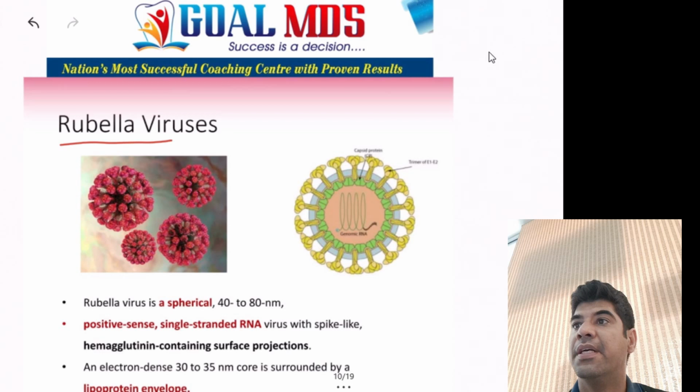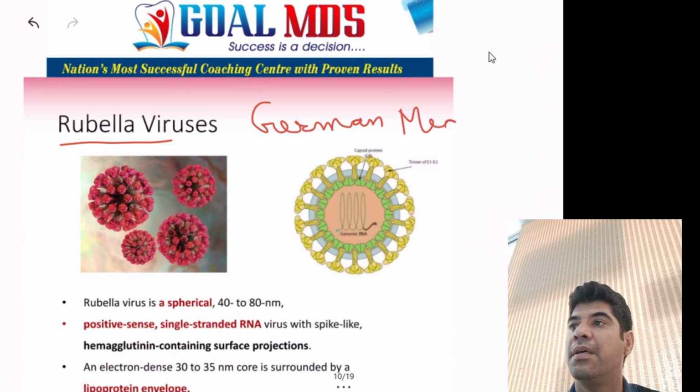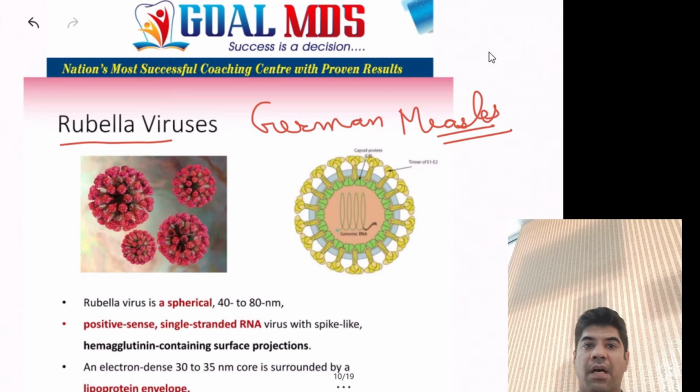The next is the rubella virus. It is also known as German measles. It is a contagious viral infection that is caused by the rubella virus.